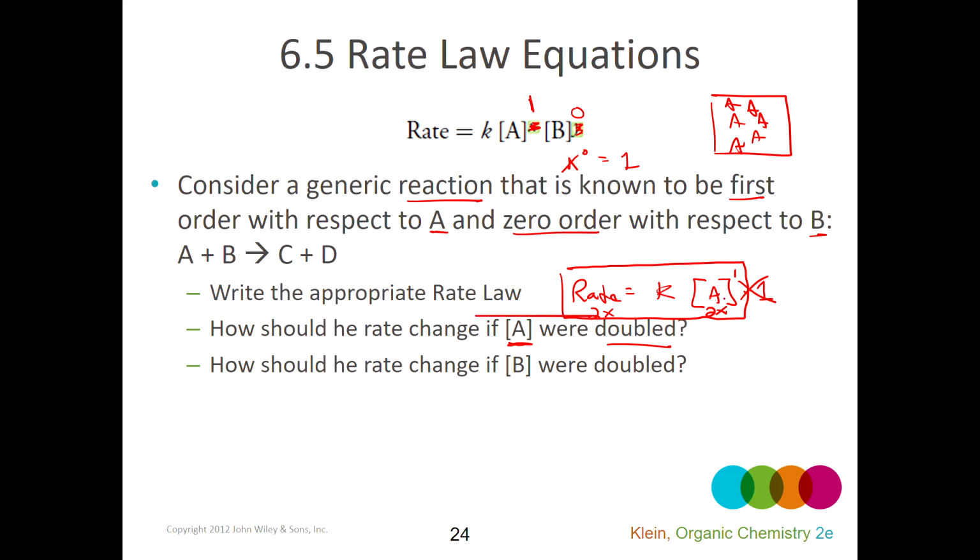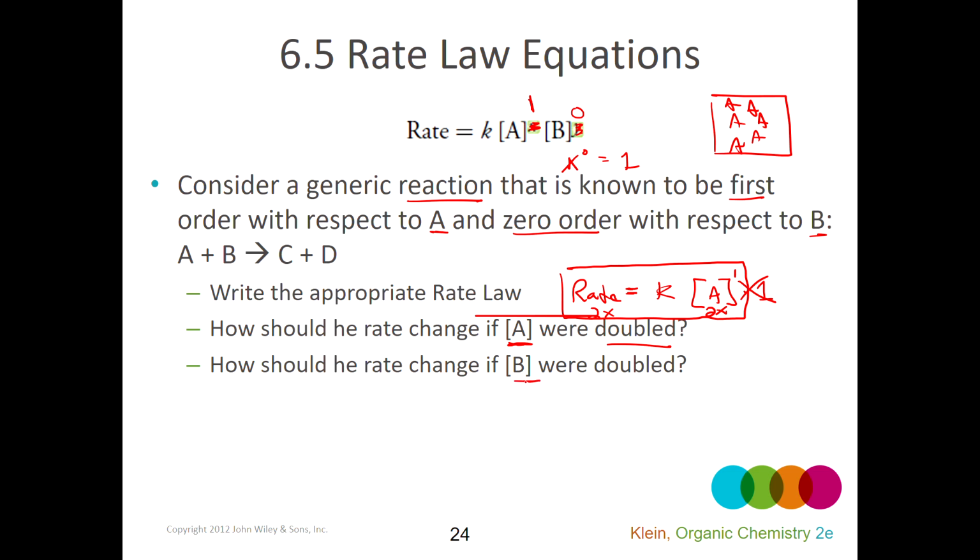Mathematically that should work because 2 to the first power is 2. So if I multiply A by 2, I'm really multiplying it by 2 to the first power, or 2. And if this is equal, I have to multiply the other side by the same amount for it to remain equal. So doubling the concentration of a reactant that's first order would cause the rate to be doubled.